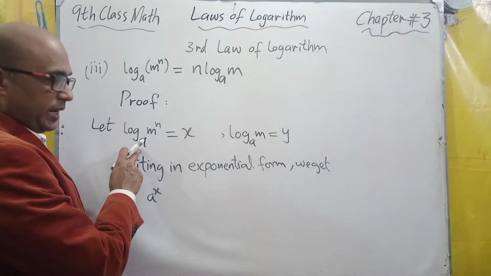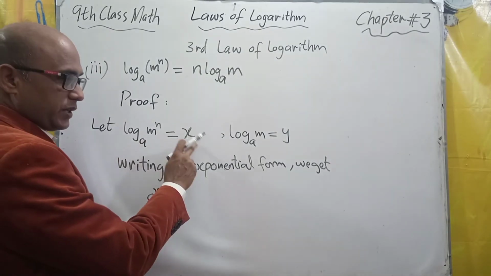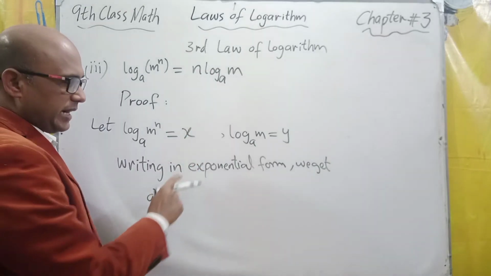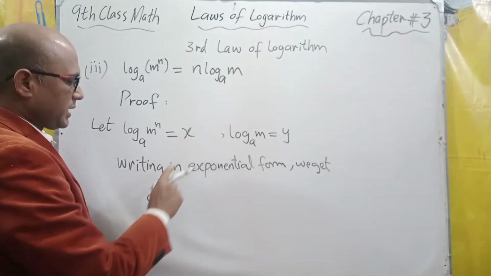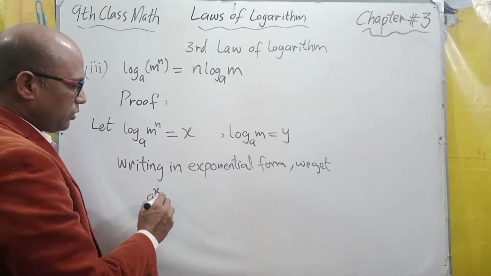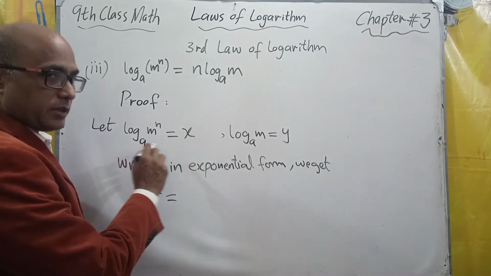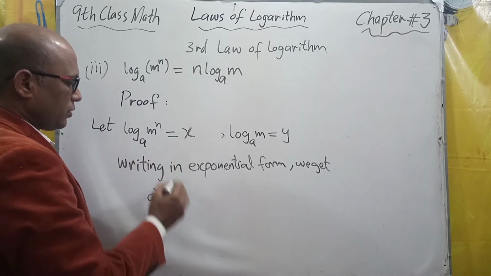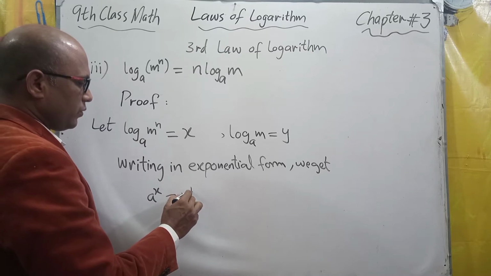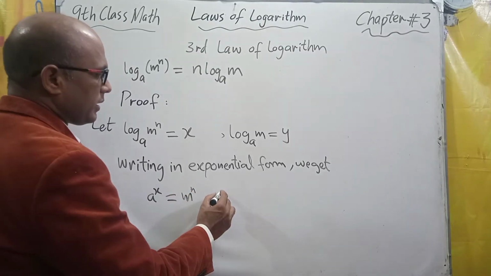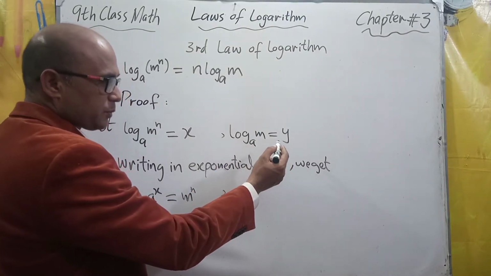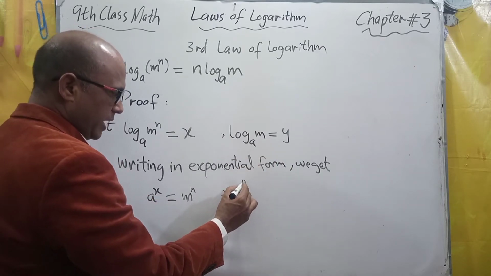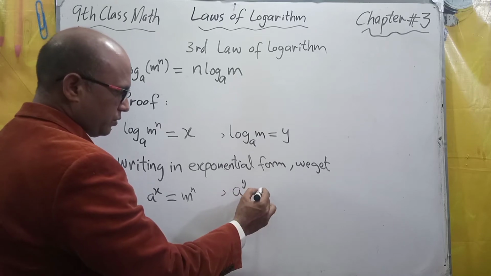This base number a will be shifted on the other hand side, and this number which is written on the other hand side will become its exponent. So this is how we write a logarithmic form into an exponential form. So m power n will remain same. Now writing this in exponential form, we get a power y is equal to m.